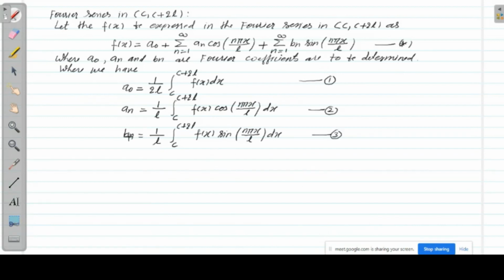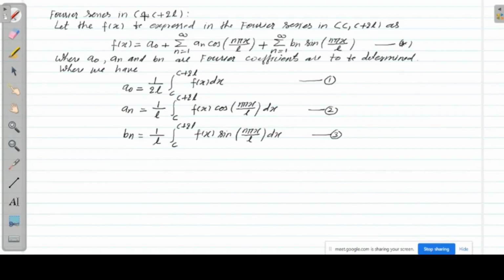So if you have the Fourier series in the interval c to c plus 2l, then we can express the given function in terms of this expression: f of x equal to a naught plus sum running from 1 to infinity a n cos n pi x by l, and plus sum running from 1 to infinity b n sin n pi x by l. Here again we will have two cases.